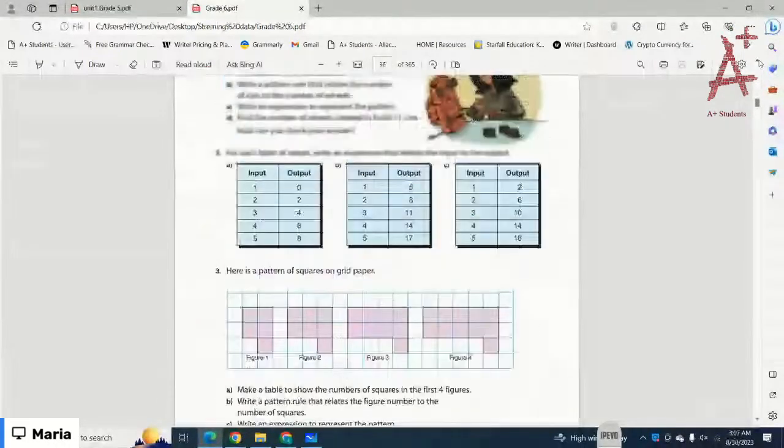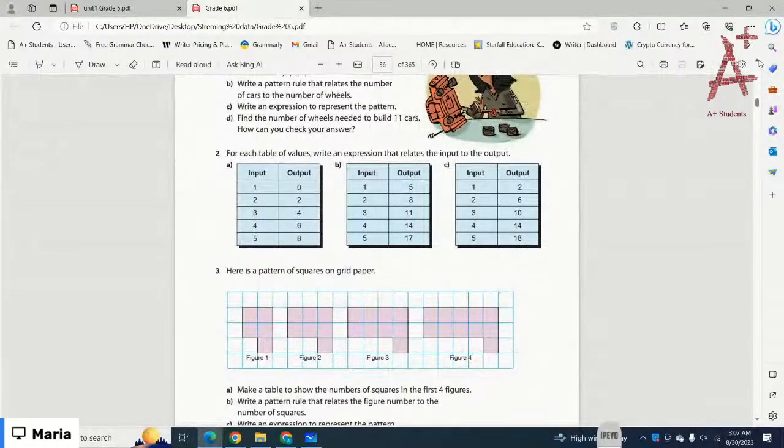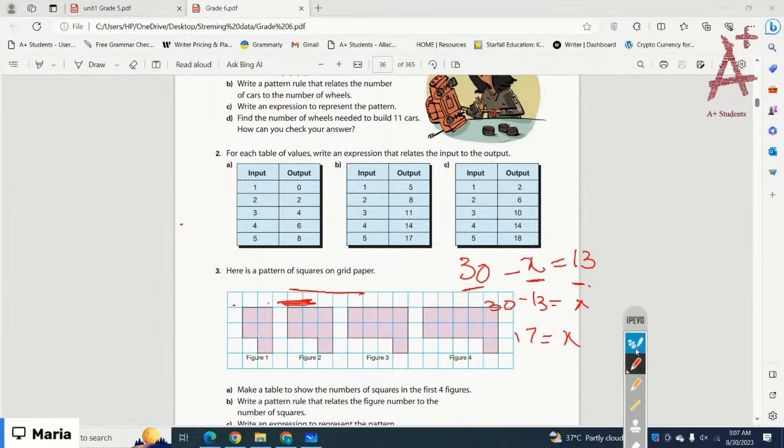Let's start with question number 2. For each table of values, write an expression that relates the input to output. Let's start with question number 2a. Input is 1, output is 0.